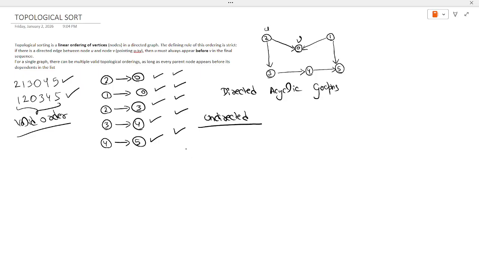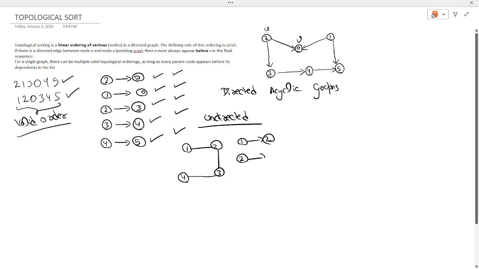If I consider this graph, all these edges 1 to 2, 2 to 3, and 3 to 4, the edges do not have a direction, which means that we can move from 1 to 2 and we can also move from 2 to 1, because in an undirected graph, the edges are bidirectional.